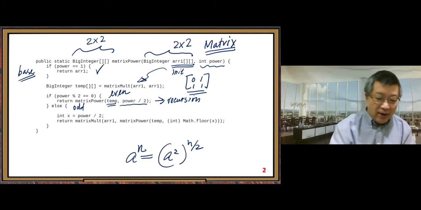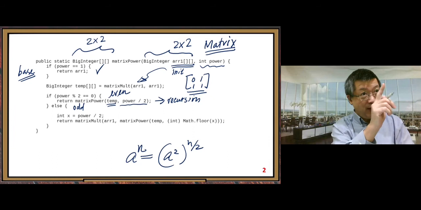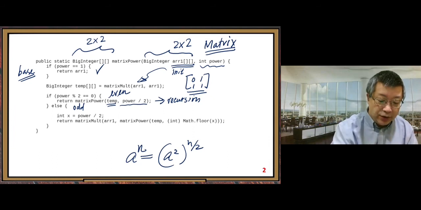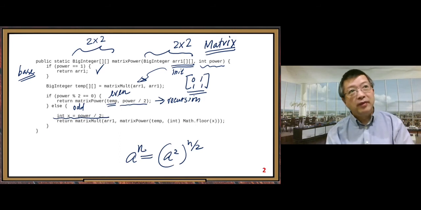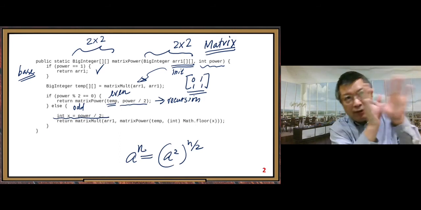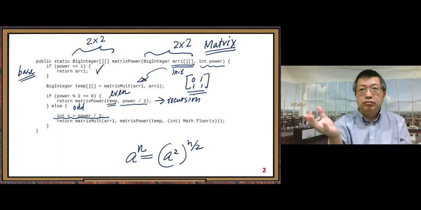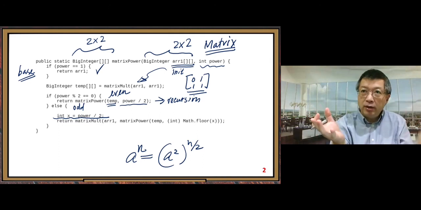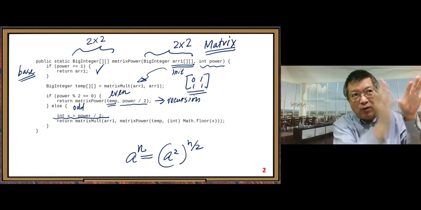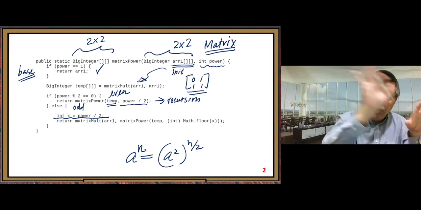But for the other case, you do integer division. That means the remainder 1 is taken out. You do not look at the remainder 1, so you take half but drop the fractional part.